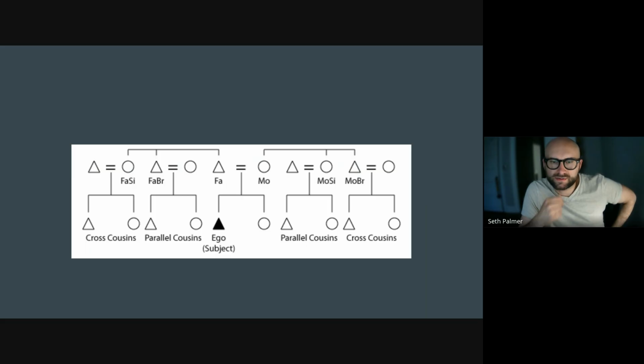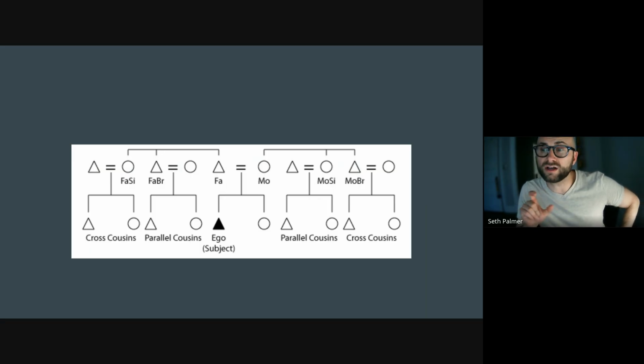Parallel cousins, so we have ego here, ego's father and mother, ego's mother's sister, his aunt, right, had 2 kids. So if your aunt has children, those children to you are your cousins, right? These are parallel cousins because mom and mom's sister are both women. So female and female means that those are considered parallel cousins.